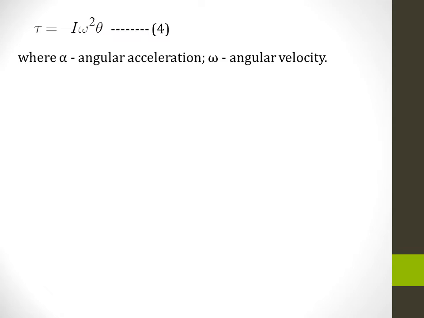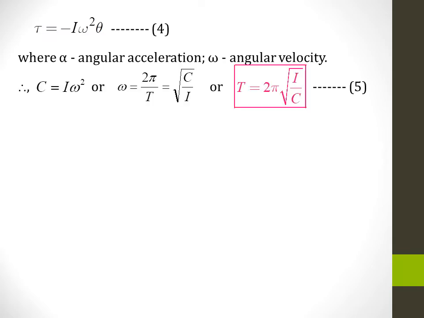Substituting d square theta by dt square as minus omega square theta in equation 3, we obtain tau to be equal to minus I omega square theta. Also, we have tau to be equal to minus c theta from equation 1.